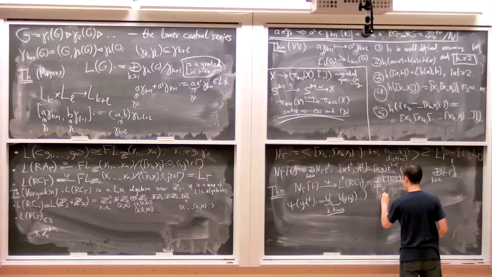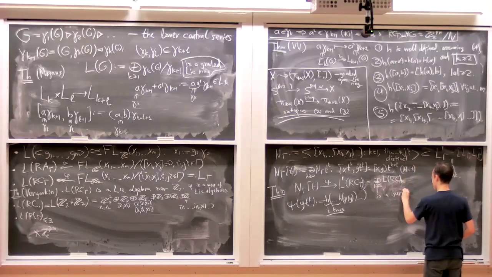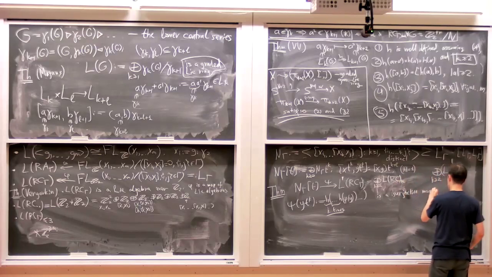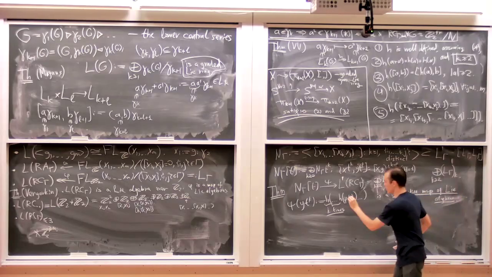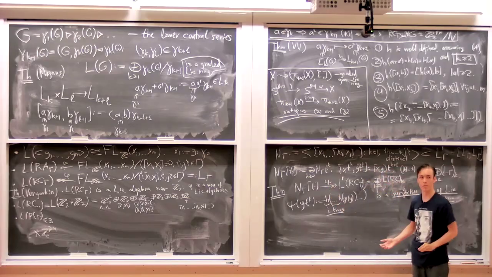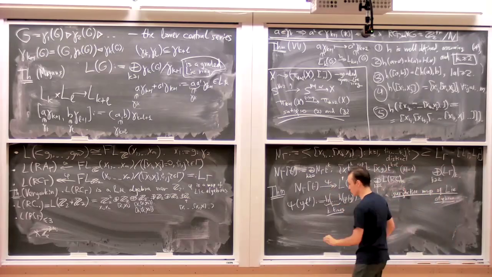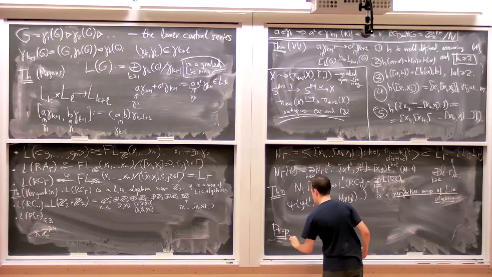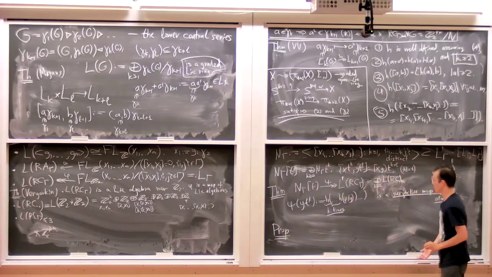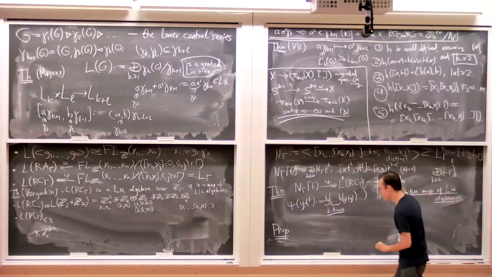So this is a surjective map of Lie algebras. So this is our approximation to the Lie algebra L of RC gamma. And we also show that in some toy special cases, this map is an isomorphism.